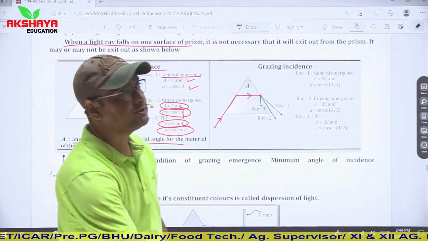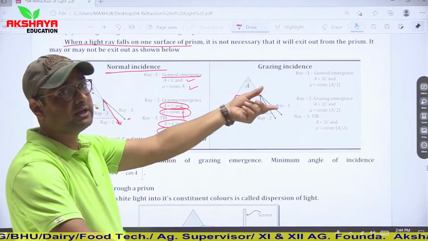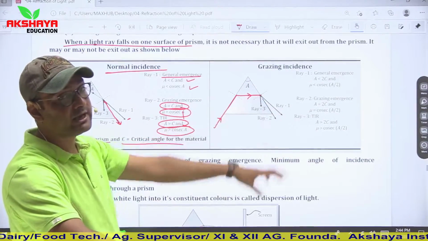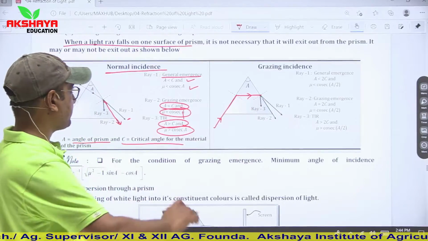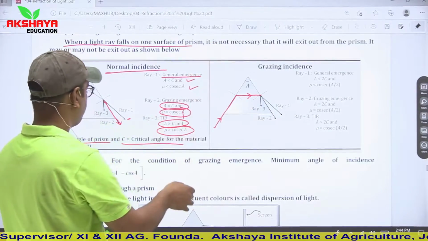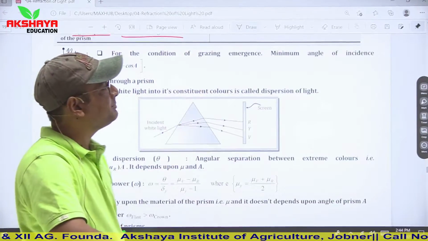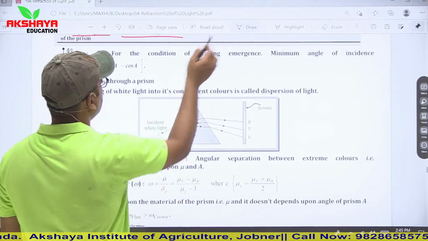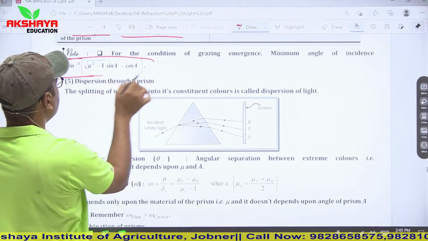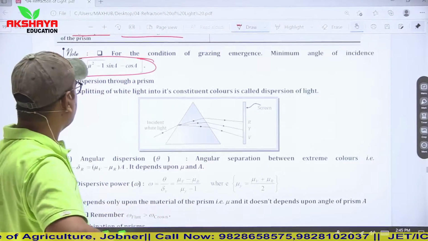Simply keep in mind that there will be a comparison between A and 2C. Similarly, if A and 2C are compared, then mu and cosec A by 2 will be compared. For the condition of grazing emergence, the minimum angle of incidence is sine inverse of root of mu square minus 1 times sine A, minus cos A.